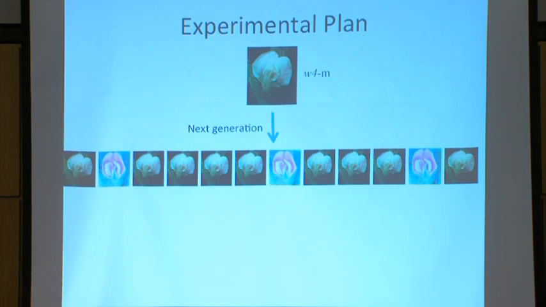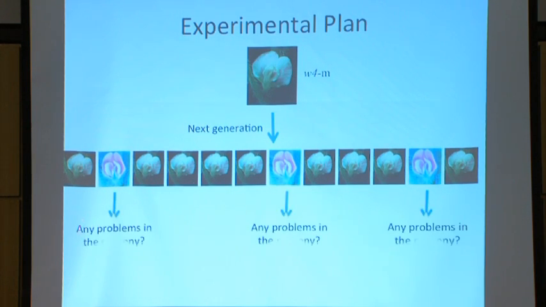If it jumped out of this purple color gene, where is it going? So you look at the progeny of these plants. Is there any problem in the progeny of these purple color flower plants? If there is any problem, that means that problem is caused by a transposable element. So that's how you follow that gene wherever it is going.